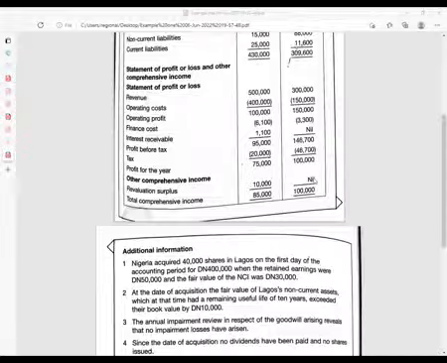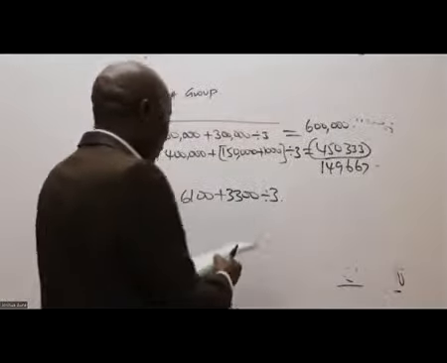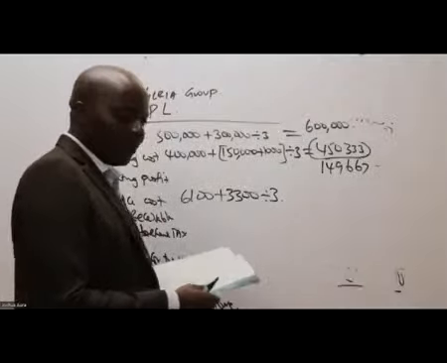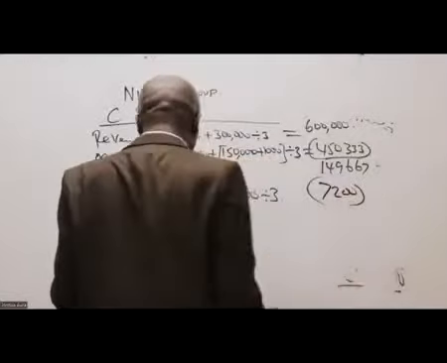But you see, this 3,300 has to be translated. So divided by the average rate, which is 3. Could you kindly give me this finance cost figure? What do we have there? 7,200. I'm supposed to deduct that.